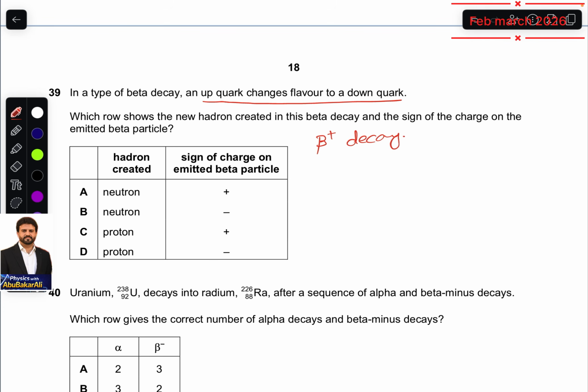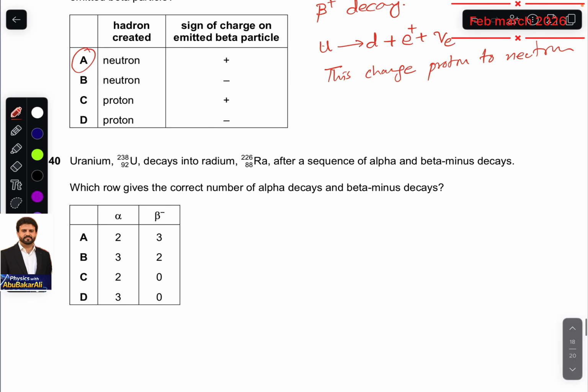If you remember, the up quark changes to a down quark, plus it will emit the beta positive plus the electron neutrino. So this changes a proton to a neutron. So option A is correct.